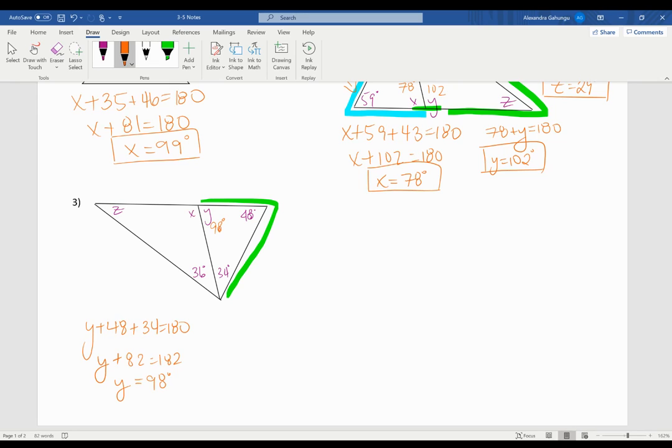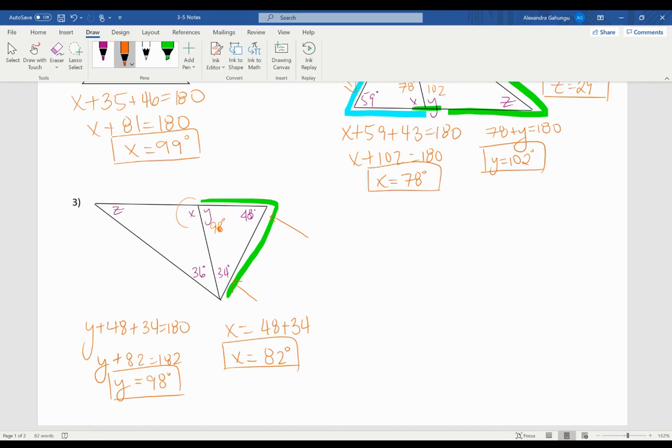So another way to find x would be to use our exterior angle theorem. These two interior angles add up to our exterior angle x. So x is actually equal to 48 plus 34. And we can prove that that's right because it should be supplementary to whatever we got for y. And if I add them together, it does. It gives me 82. So you can use the triangle exterior angle theorem or the sum of the angles.